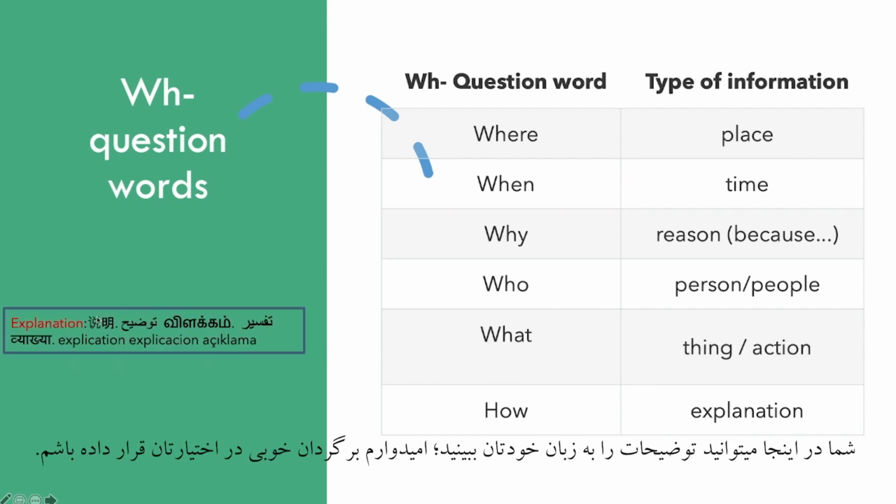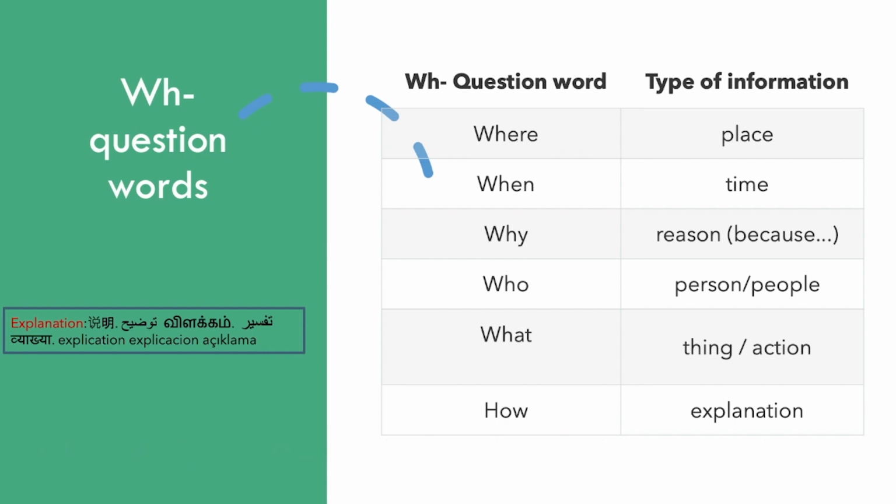You can see over here I have translated the word explanation into some different languages. I hope these are good translations. If they are not good translations, you can please leave a comment after you finish the video.